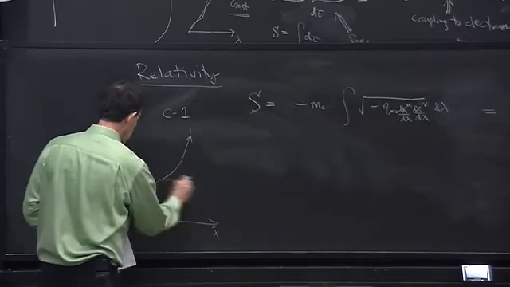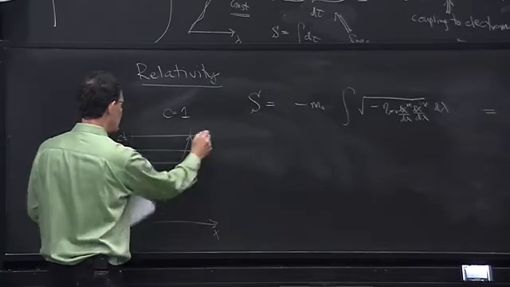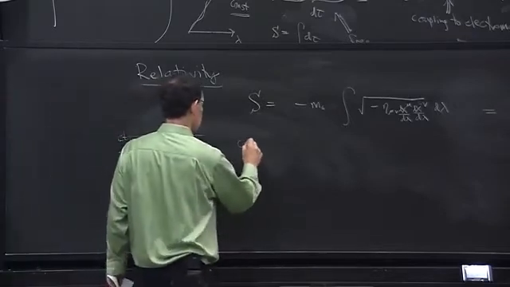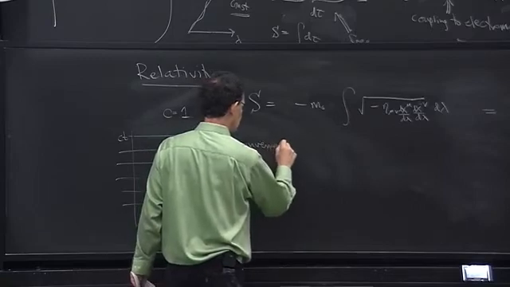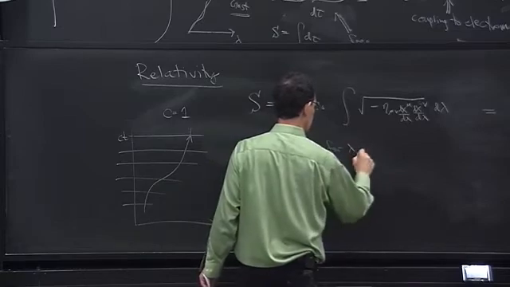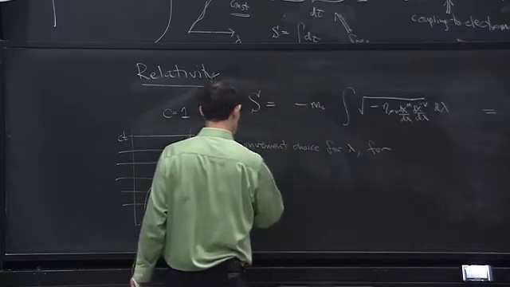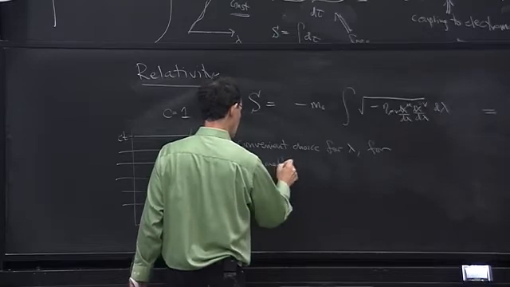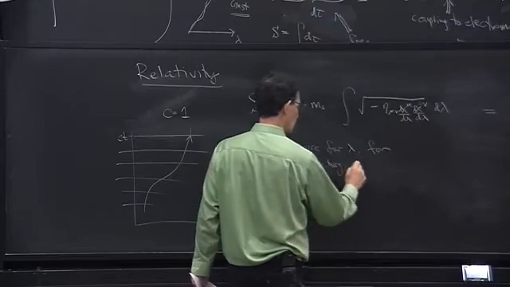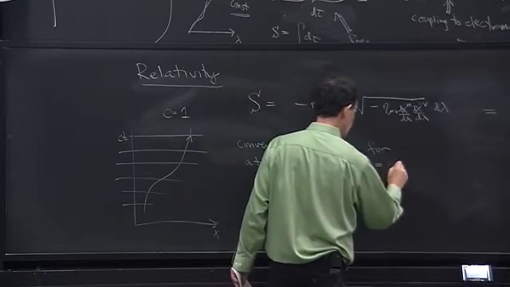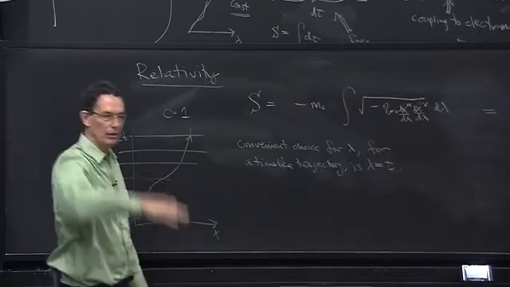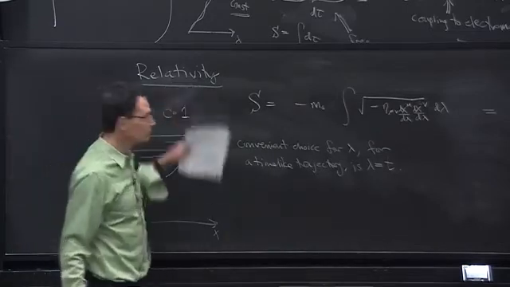So every point on the world line has a unique value of the time t. So one convenient choice for lambda for a time-like trajectory is lambda equals t. Why not? Let's just use the real time as the parameter along the curve.